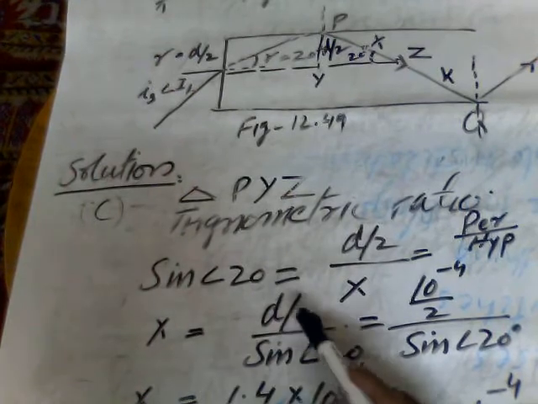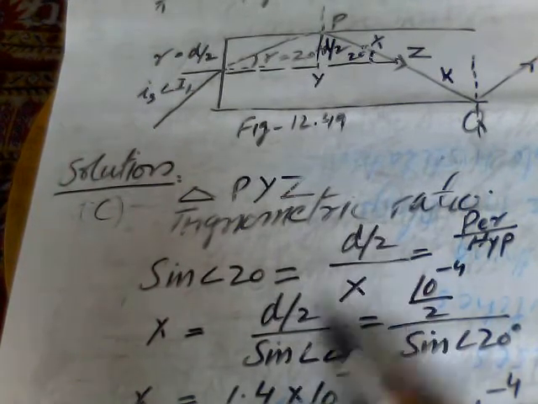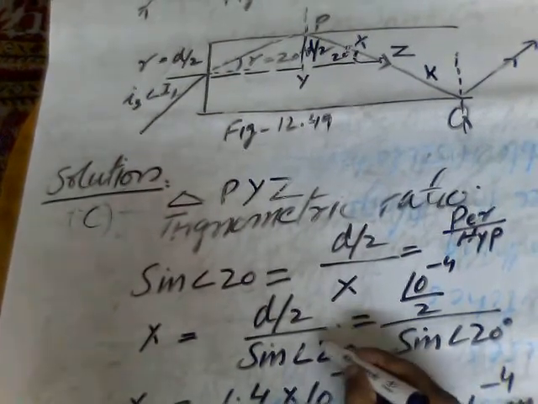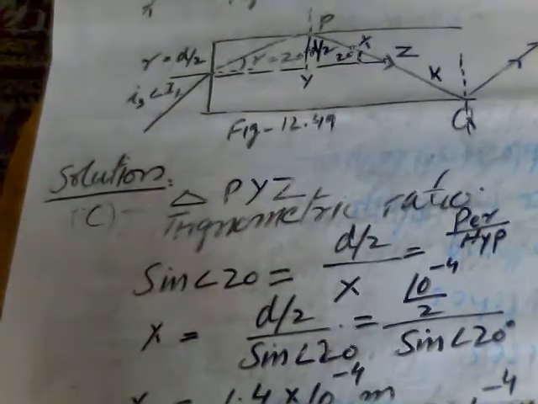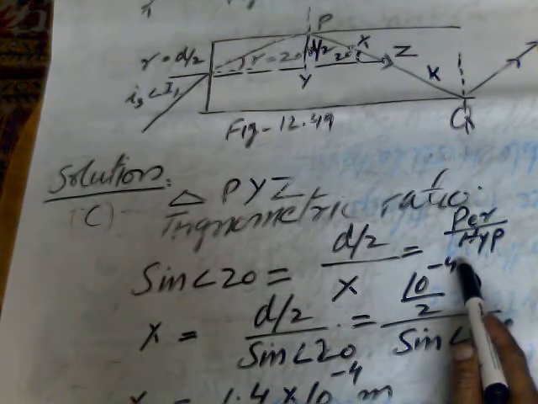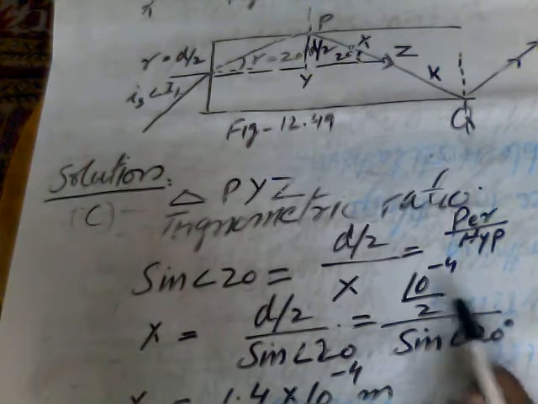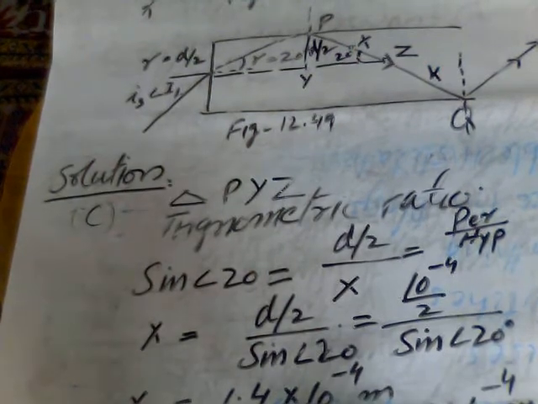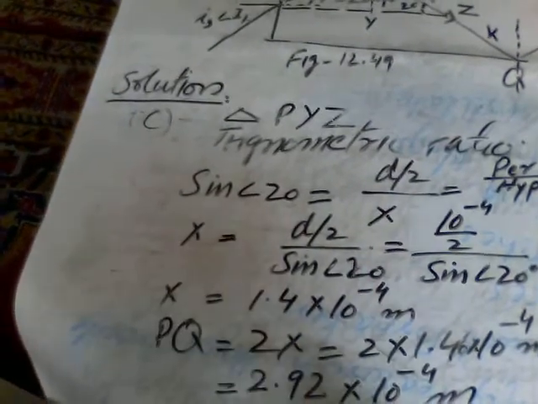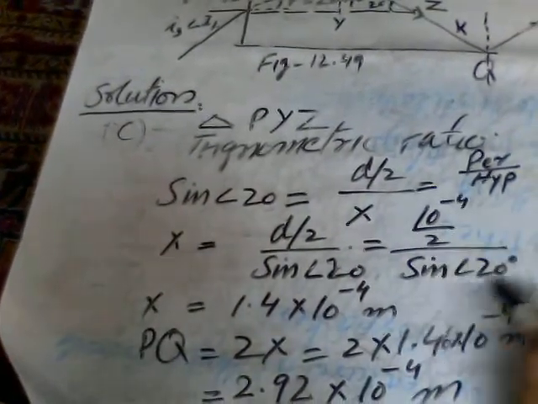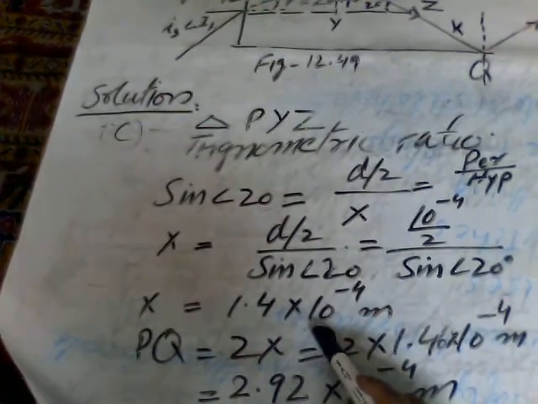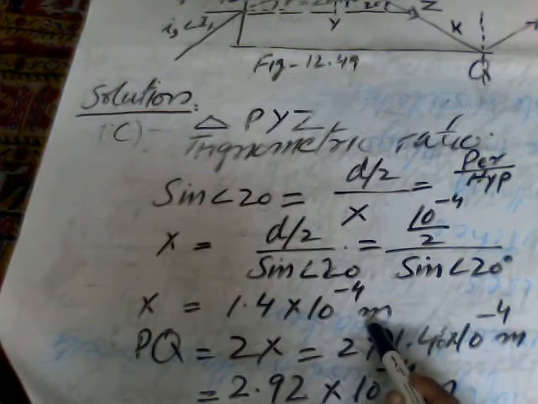x is equal to d over 2 divided by sine angle 20. So d is 10 to the power minus 4 divided by 2 and sine angle 20. When we solve this whole set, we get 1.46 into 10 raised to power minus 4 meters.